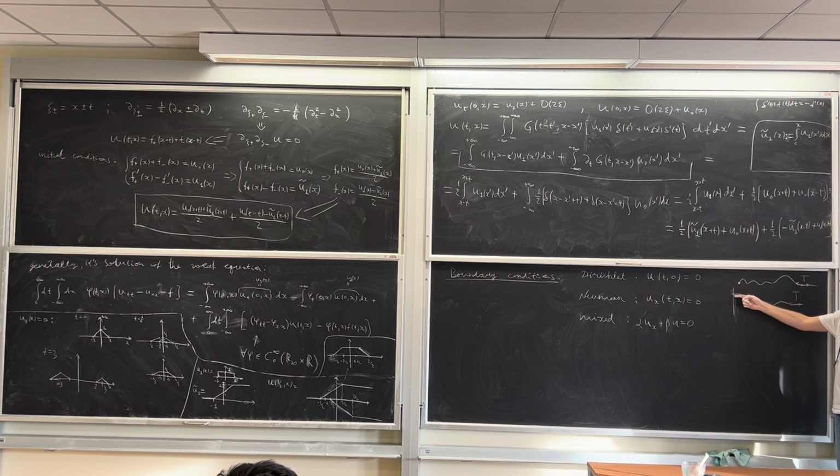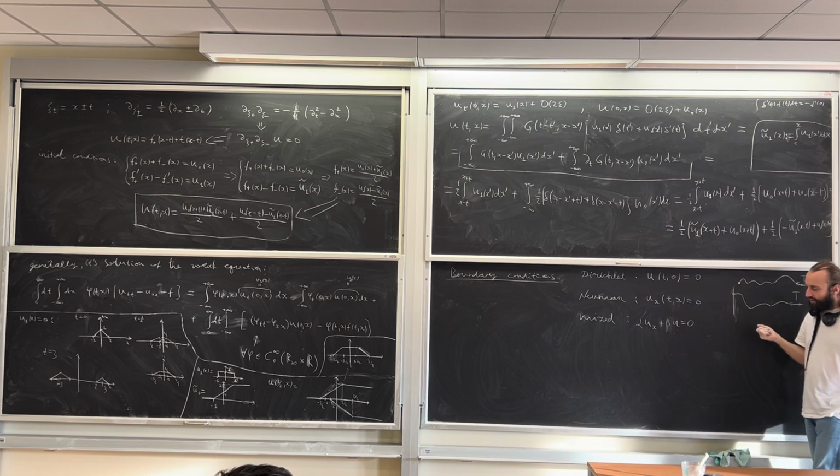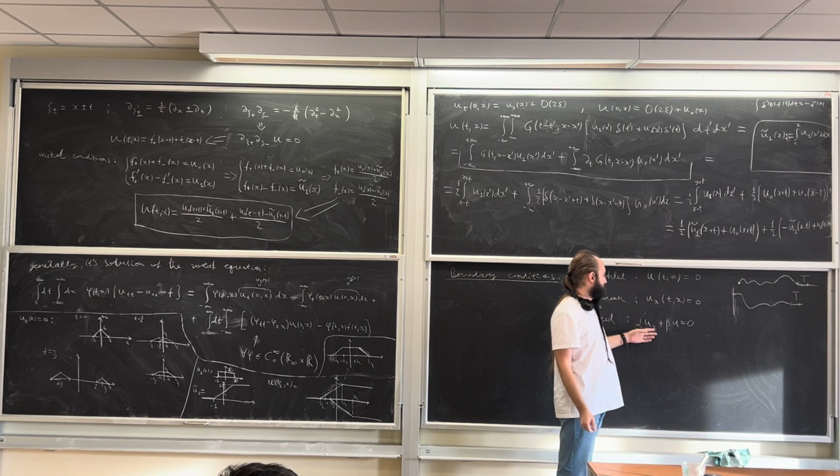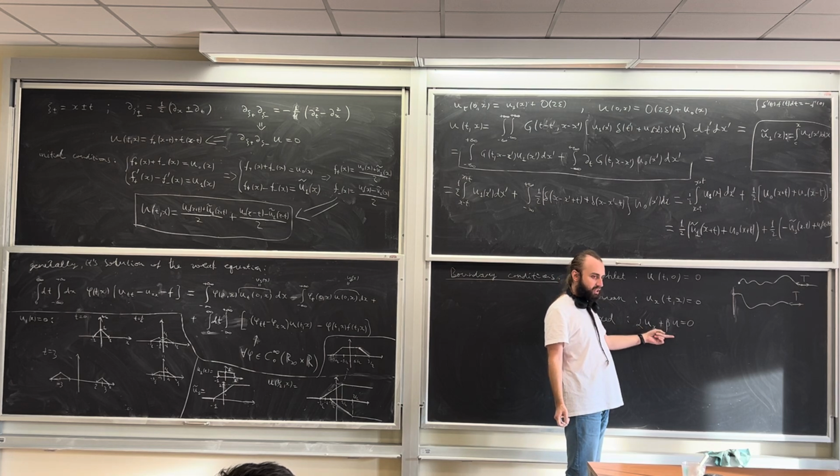But when we look at the endpoint of the string, then the projection of this force of tension to the orthogonal line is proportional to the derivative of u. And so what can we say about this equation?